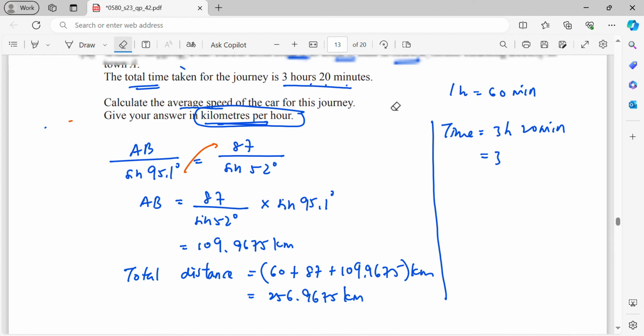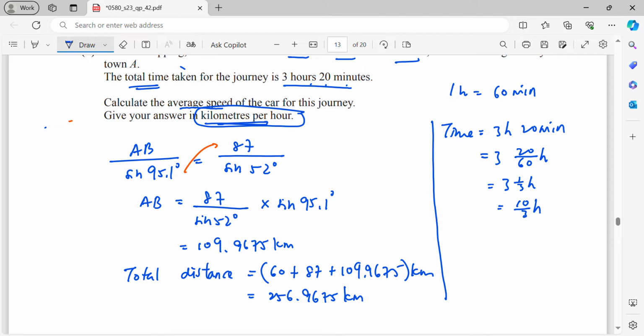So that means now from minute change to hour, you divide. So it will be 20 over 60 hour. So this is 3 and 1/3. So you can just write it in the improper fraction, that is 10 over 3 hour. Alright, 10 over 3 hours.